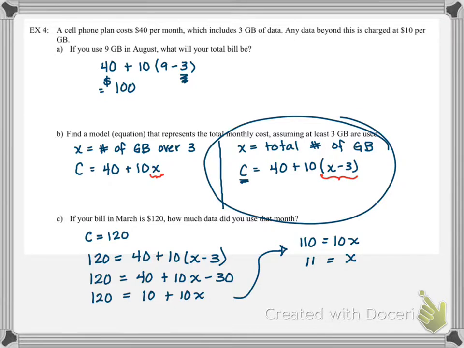That's the total number of gigs. That includes the 3 because we built that extra 3 into our equation. If we had used the other equation, when we solved, we would have gotten 8. And then we would have had to add that 3 back on and said because it's 8 over the 3, the total number used was 3 plus 8, or 11. So 11 gigabytes were used.